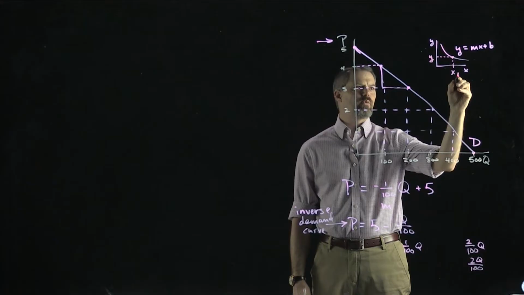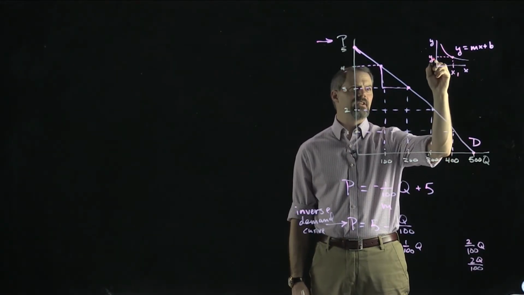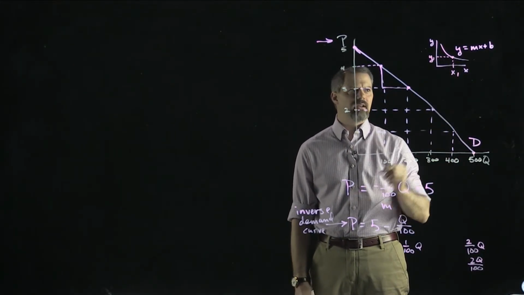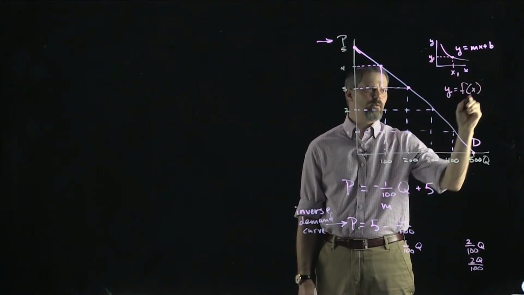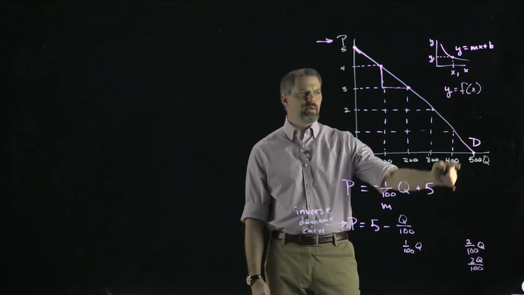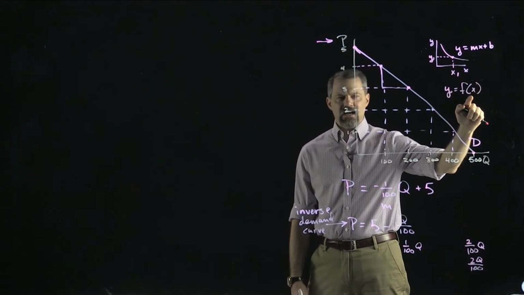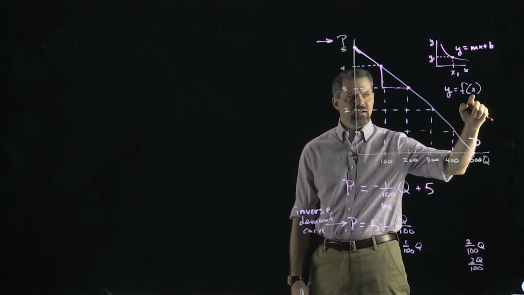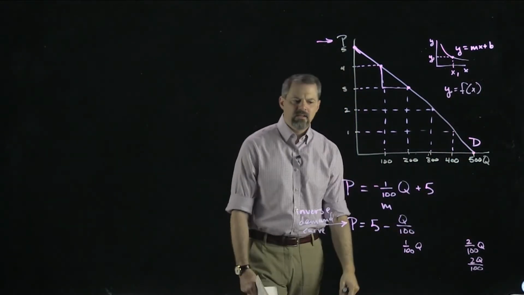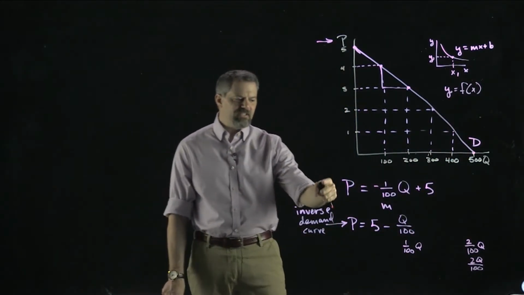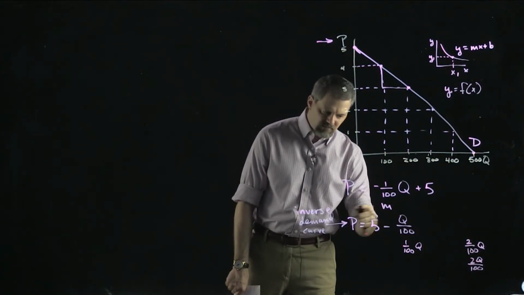So if this is x1 and you plug it into the function, out comes y1. And y here is just some function of x. You pick the x first, and then plugging the x into the function tells us what y is. Notice that doesn't fit with the way we've written this function.